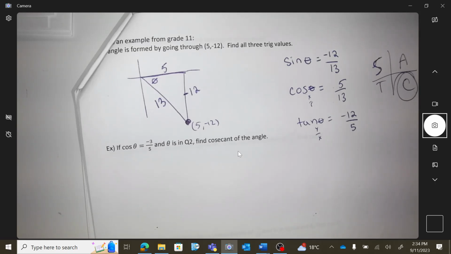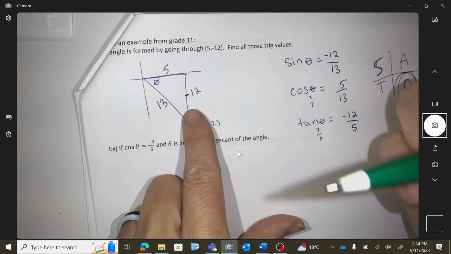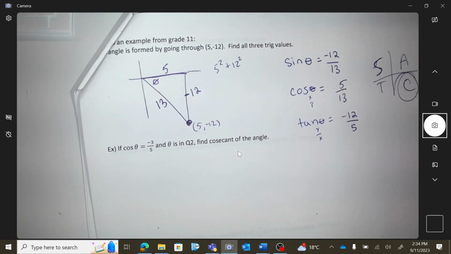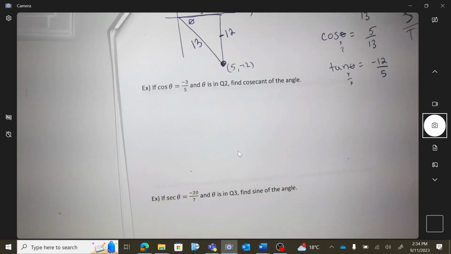Okay? Do you also remember me saying this? This is a general rule that keeps going. Don't put the negatives in your math. Put the negatives in your locations and your answers, right? So when I did Pythagorean theorem, I'm not doing it with a negative 12, right? I'm just doing it with just the value 12. Okay, so that was grade 11.